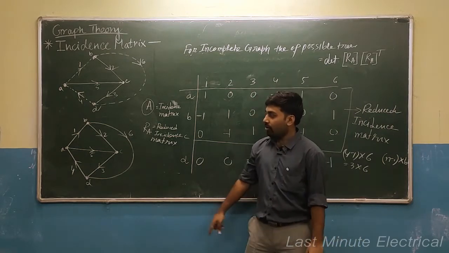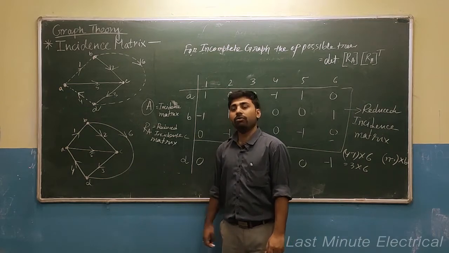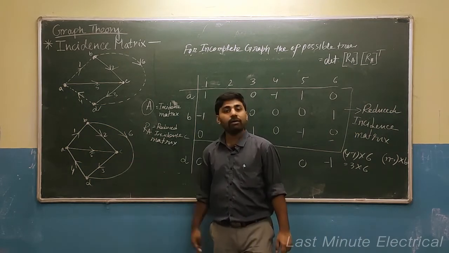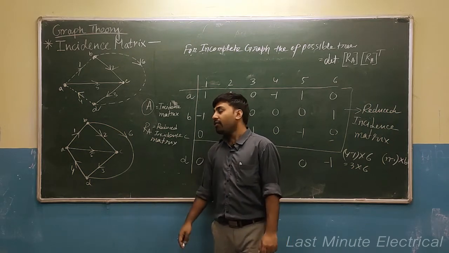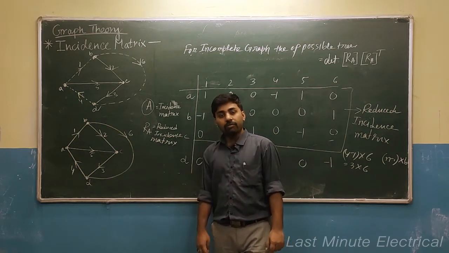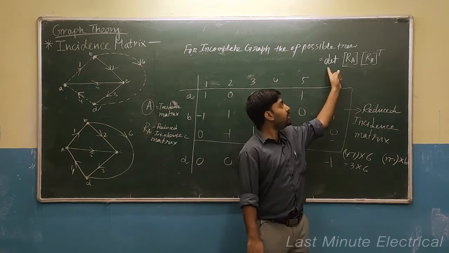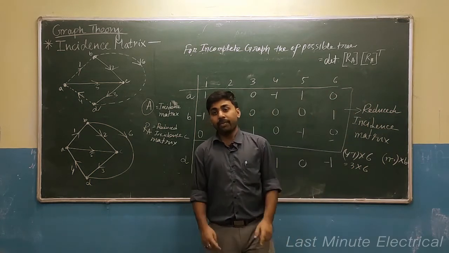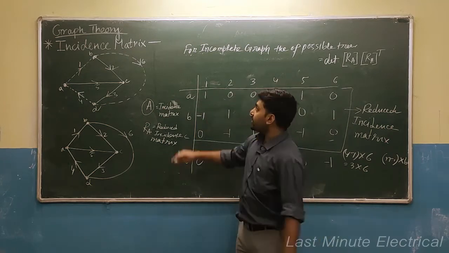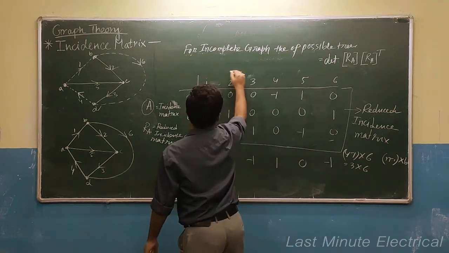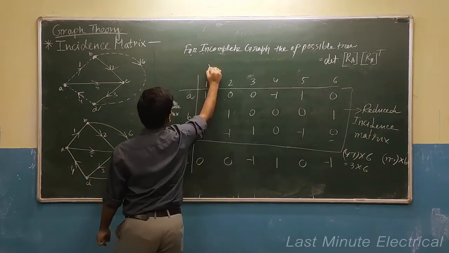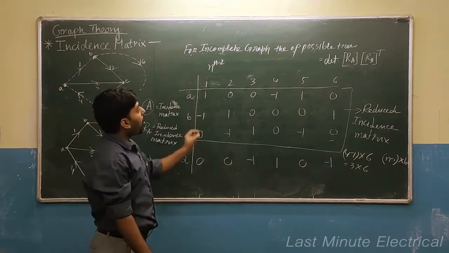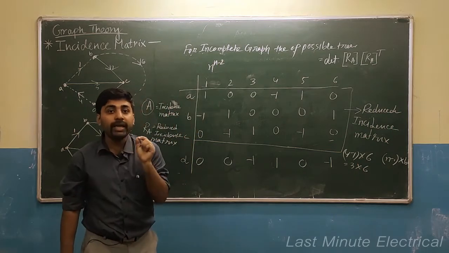See, this is our complete graph. So, we can clearly conclude the number of trees is n to the power n minus 2, that is 4 to the power 4 minus 2, which is 16. But what will happen in case of an incomplete graph? For an incomplete graph, the number of trees is the determinant of RA and RA transpose. Okay? One important thing is this n to the power n minus 2 formula is applicable for only complete graphs.